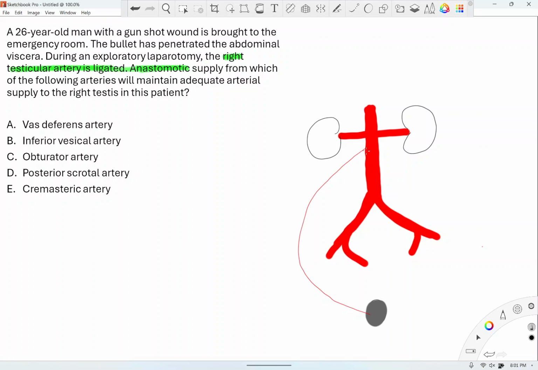And they will drag the artery from here. So originally the testis was right here, and then it descends coming to the scrotal area. So it's going to drag the artery with it as it goes.